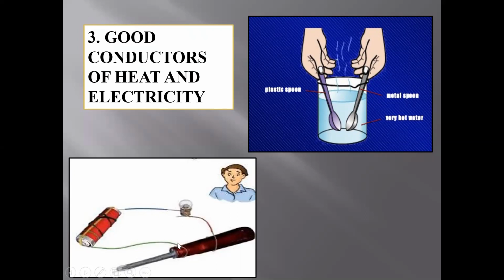But when you coil this wire around this plastic part of the screwdriver, you will see the bulb will not glow. Why? Because this plastic part will not act as a conductor of electricity. So from here we can conclude that metals are very good conductors of heat as well as electricity.